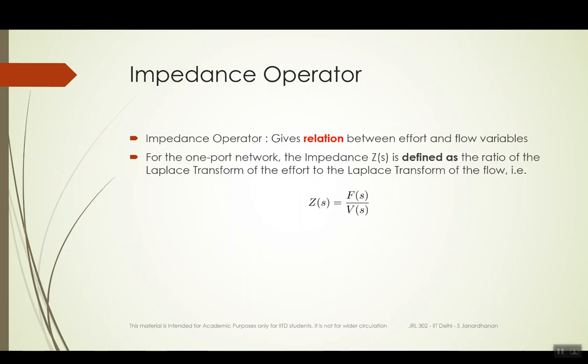In the case of a one-port network, the impedance Z of S is defined as the ratio of the Laplace transform of the effort variable to the Laplace transform of the flow variable. That is, Z of S is F of S by V of S. In the case of an electrical network, this would be the Laplace transform of the current I of S by V of S. But let's not get confused by this notation of V being repeated.